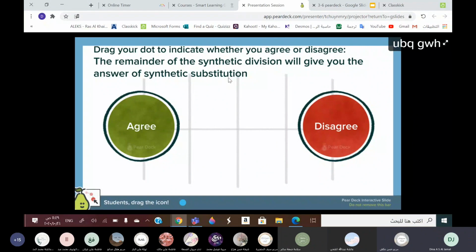The remainder of the synthetic division will give you the answer of synthetic substitution. So, thank you so much, Mariam. Now, all of you answer. Do you agree or disagree? When you perform the synthetic division, are you going to get your answer as the remainder? Drag your dot.